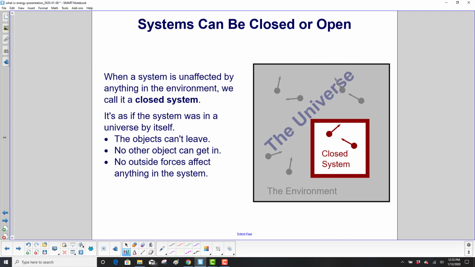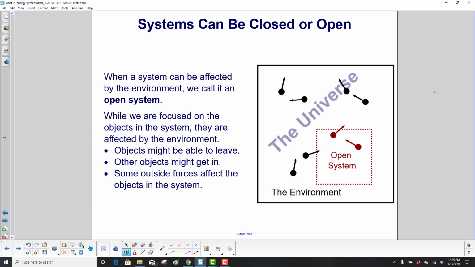Systems can be closed or open. When a system is unaffected by anything in the environment, here's the environment, here's our closed system, we call it a closed system. It's as if the system was in a universe by itself. Objects can't leave, no other object can get in, and no outside forces can affect anything inside a closed system.